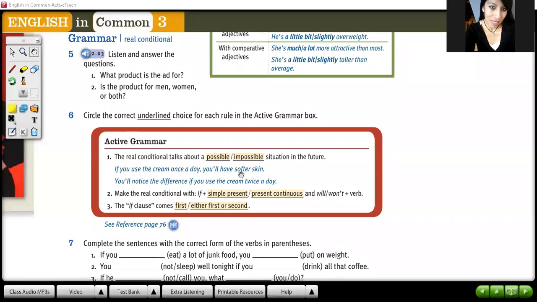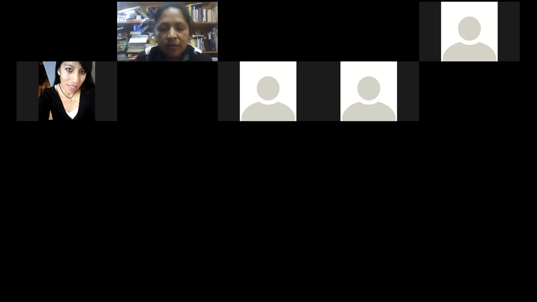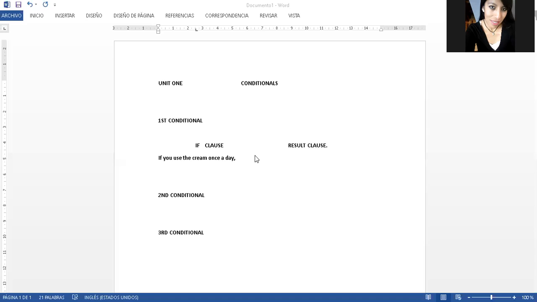You'll have softer skin. The condition, and the result because of the use. You'll is a contraction of will. You will have softer skin.